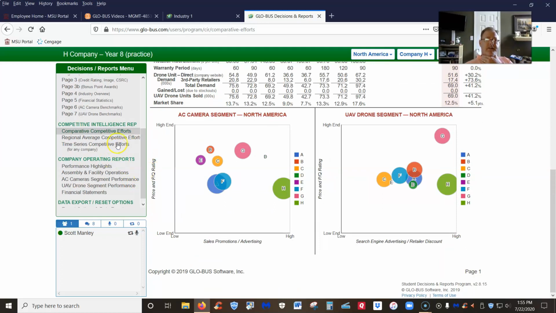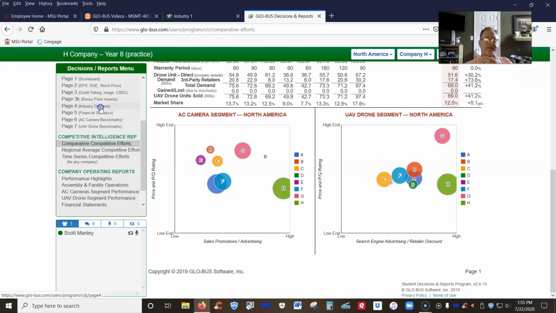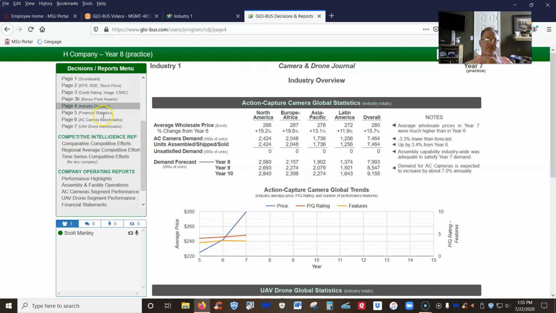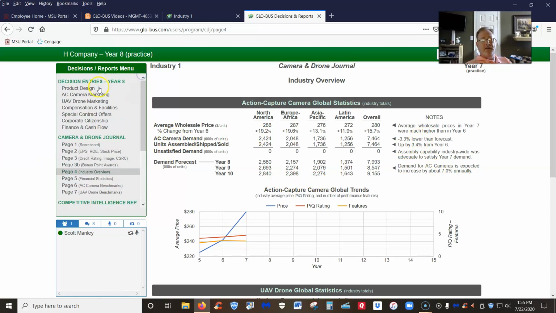So I need to take a look at the industry overview to see what the average price within the industry is. Okay, so the average price is $280. So here's my deal. I'm going to try to sell a 4.7 star for $280 and see what happens. Okay, this would be simply running an integrated cost leadership strategy.